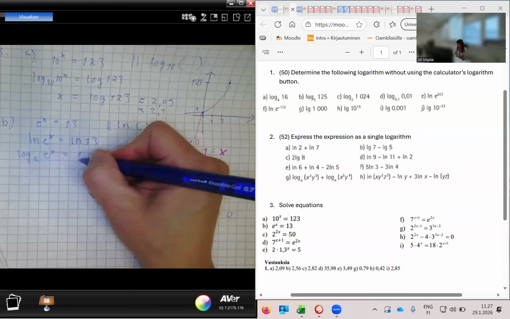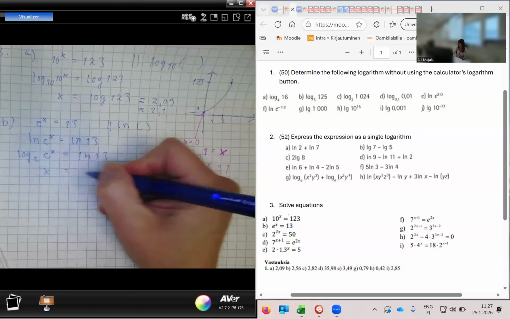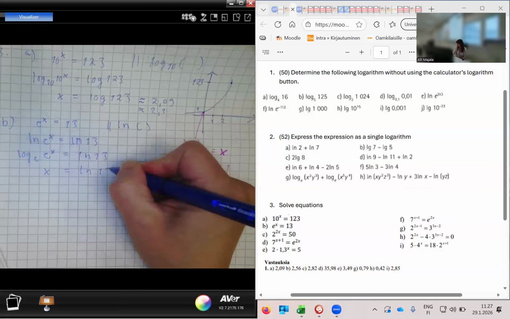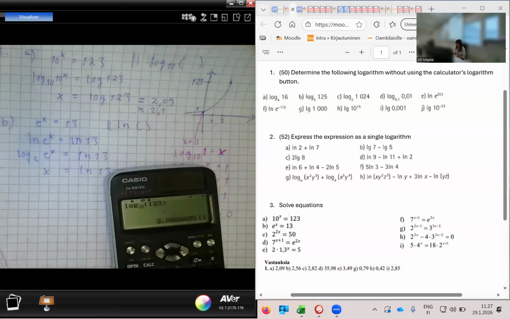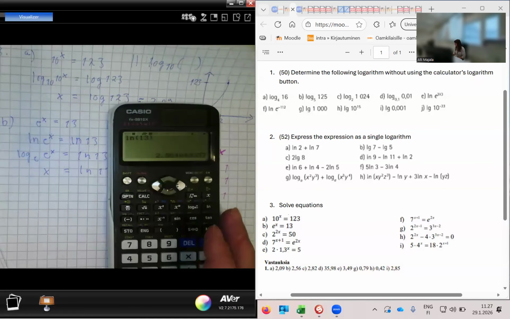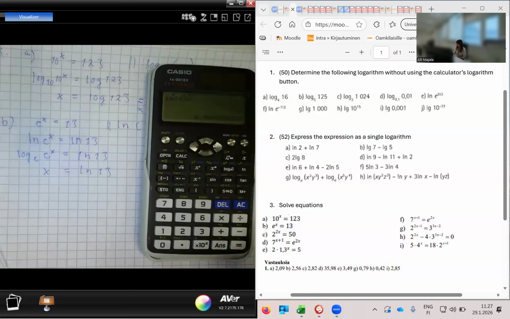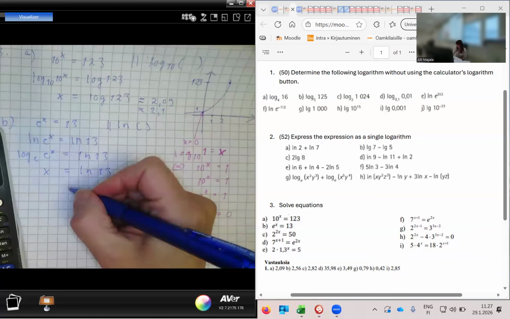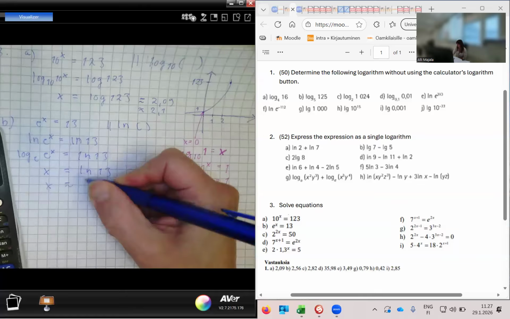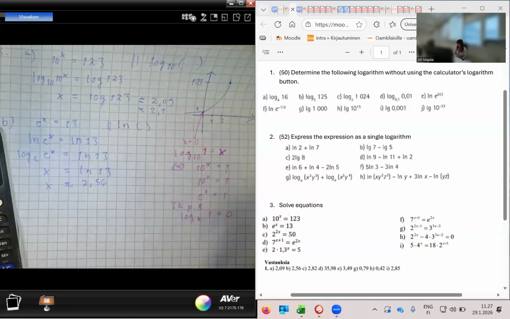So I know, of course, that the x here is ln 13. And then I just take, what is ln 13? It's about 2.56, 2.6.